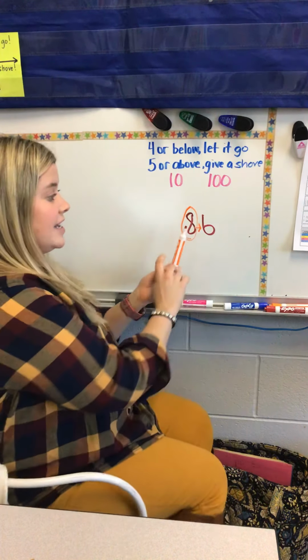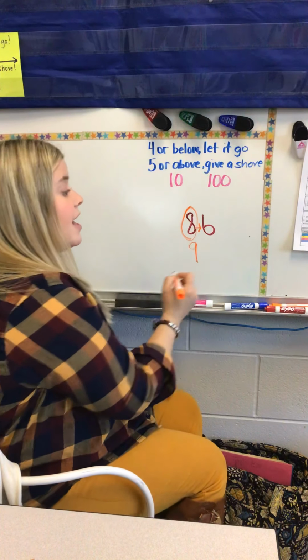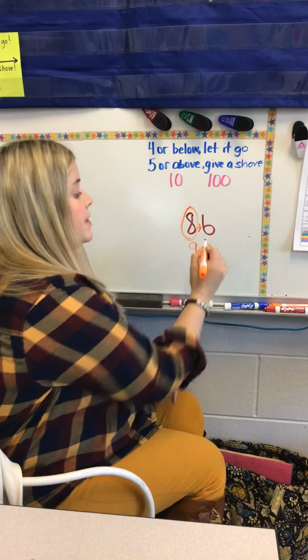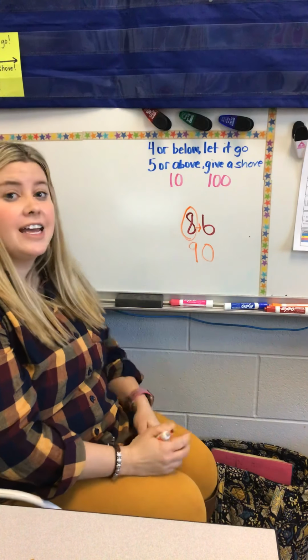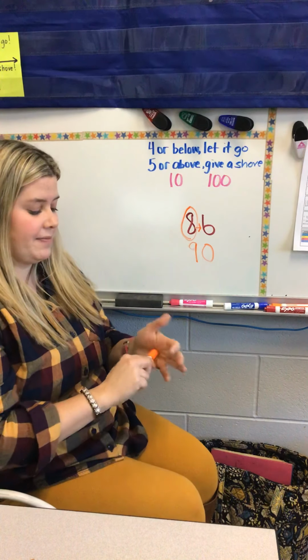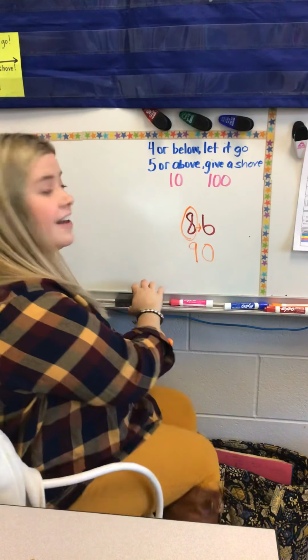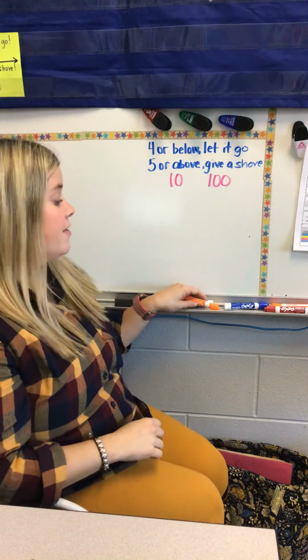Yeah, so I need to give that 8 a shove and turn it into a 9. And anything that comes after my circle becomes a 0. So 86 rounded to the nearest 10 is 90. Is it coming back to you now? Are you remembering? Good.